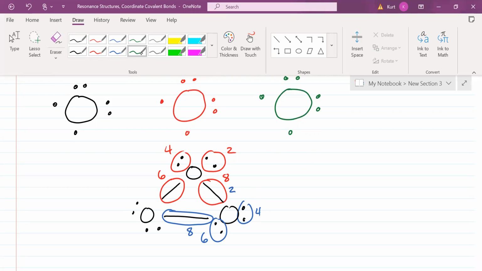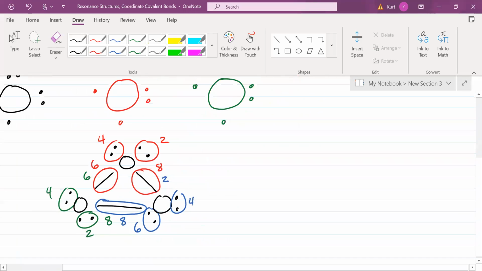Next one. 2, 4, 6, 8. So in chemistry, you can't form structures like this because the repulsion forces are too strong. So they can't form things like a triangle. You can do this with carbon, but not with oxygen. And so that was a good guess, but here's what it actually looks like.